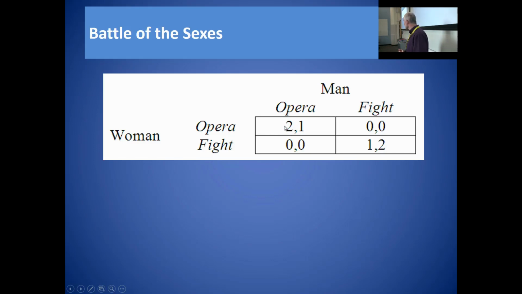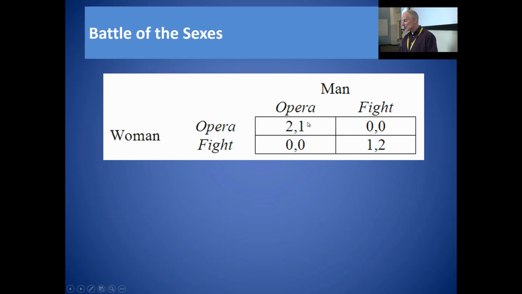For the man, what's his most preferred outcome? That they both go together to the prize fight. So there you go. When they both go together to the prize fight, the man, the second figure this time, gets his highest payoff of 2. And then for the woman, her second most preferred outcome is where they go to the prize fight together.